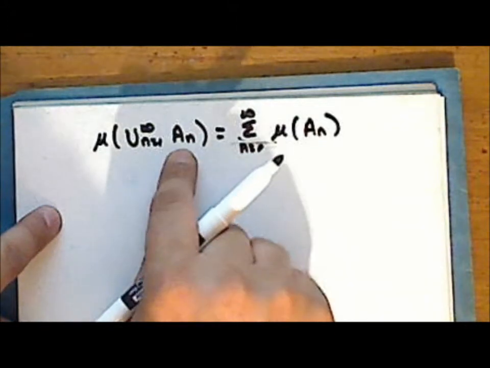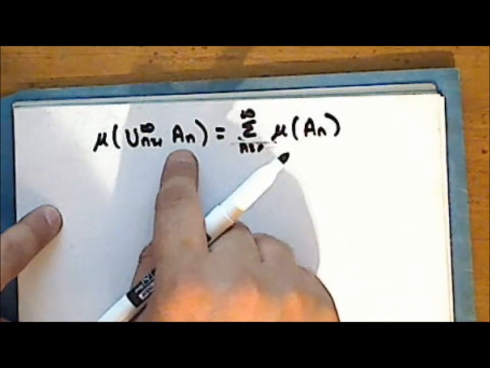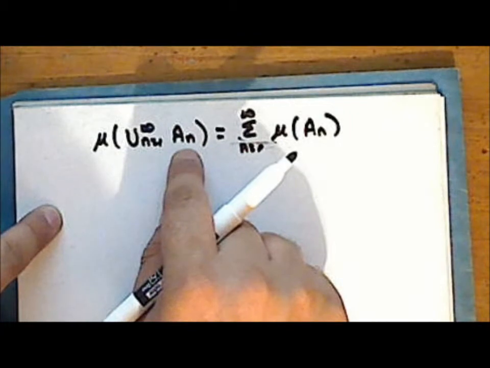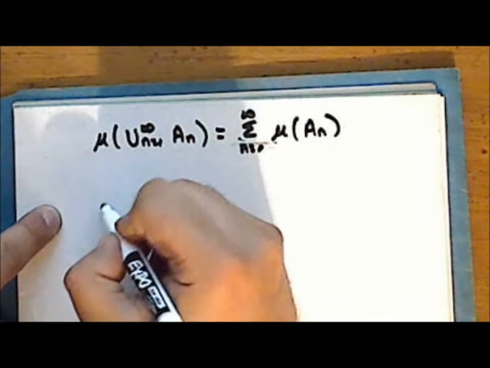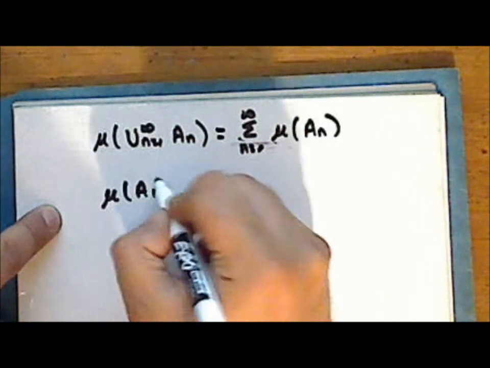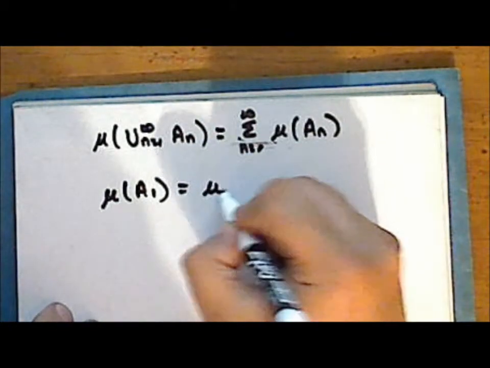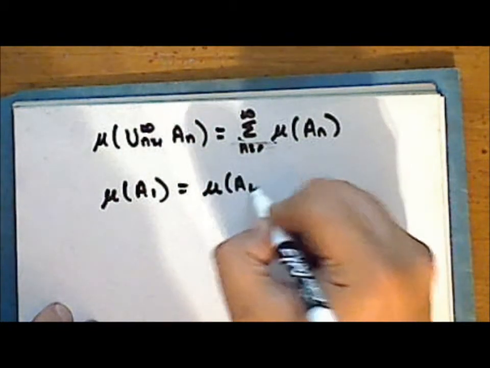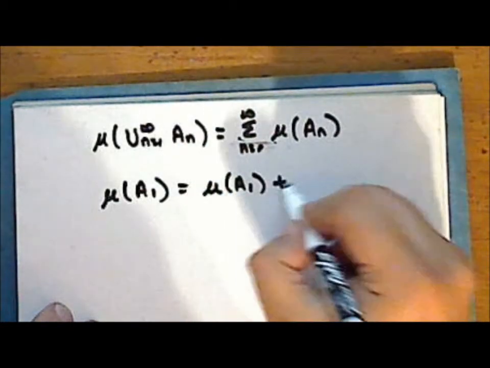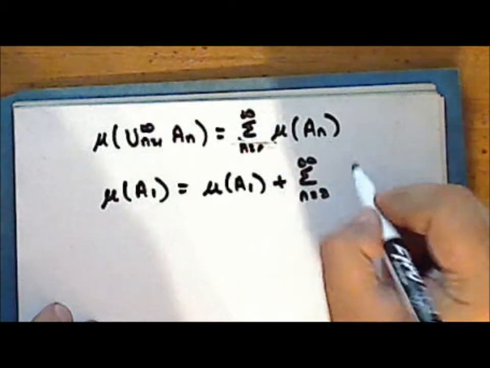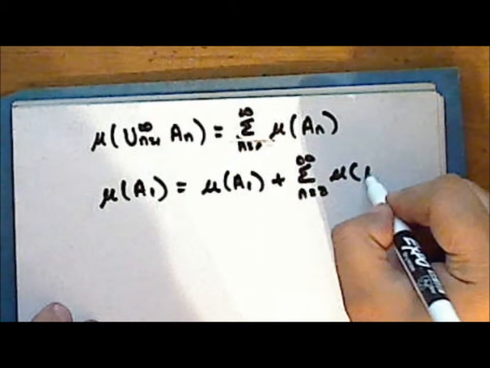Now, every set A sub n in the countable collection is equal to the empty set except for the set A sub 1. And so this entire union is the set A sub 1. On the right-hand side, we can write the measure of A sub 1 plus the sum from n equals 2 to infinity of the measure of the sets A sub n.